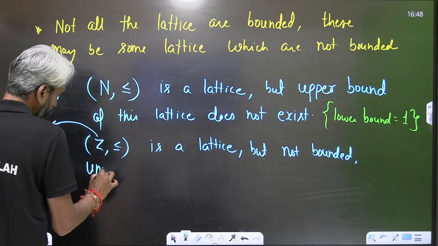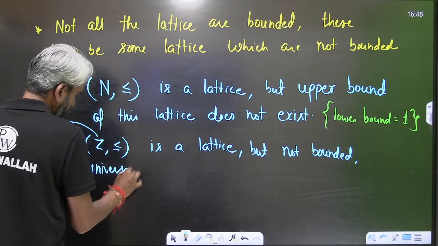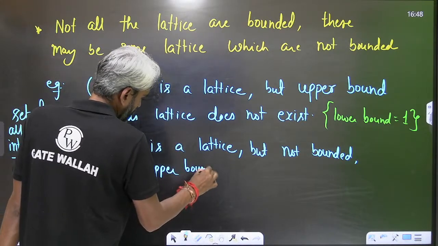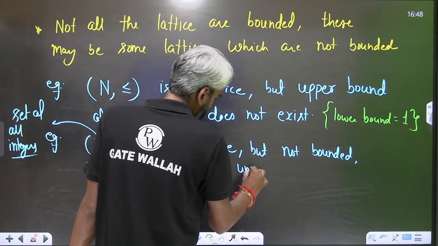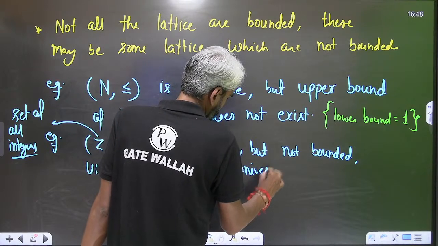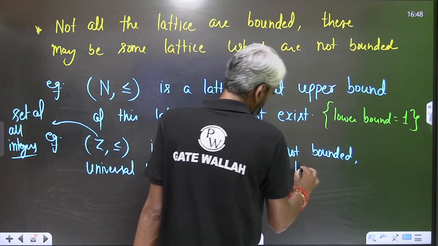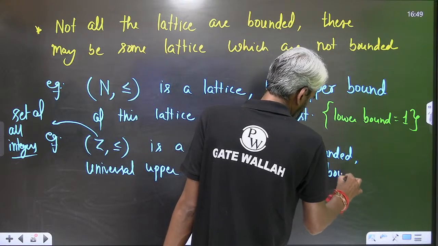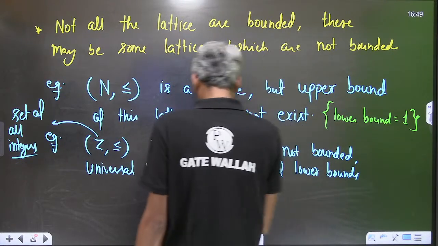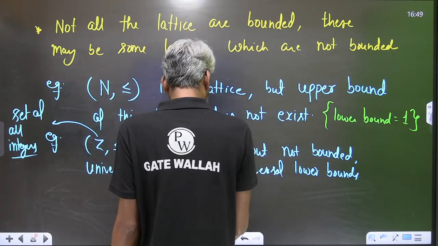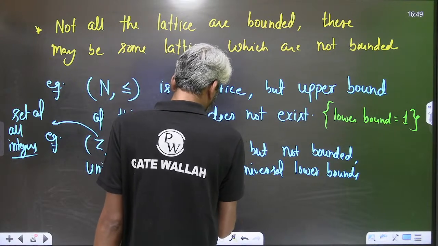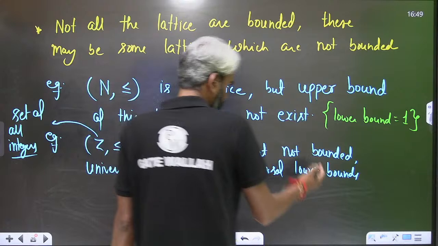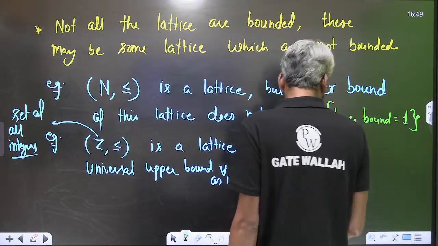Universal upper bound as well as universal lower bound does not exist.